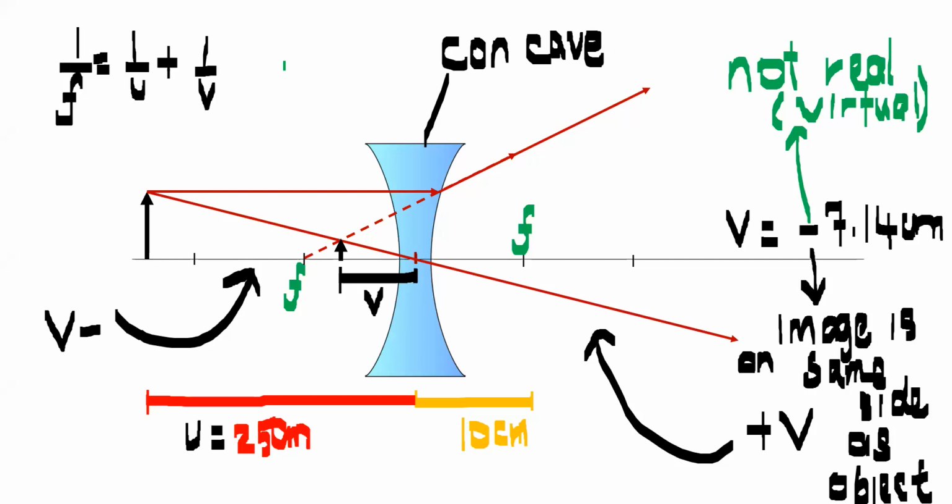Any confusion? So this negative value is telling you a lot of things. So don't make the mistake. What's the other mistake we are making? Remember, for concave, the focus is a negative value. So when you use the formula, you must substitute the negative value, especially for concave. Can you follow? Hopefully okay. Can I move to the next screen? Okay.